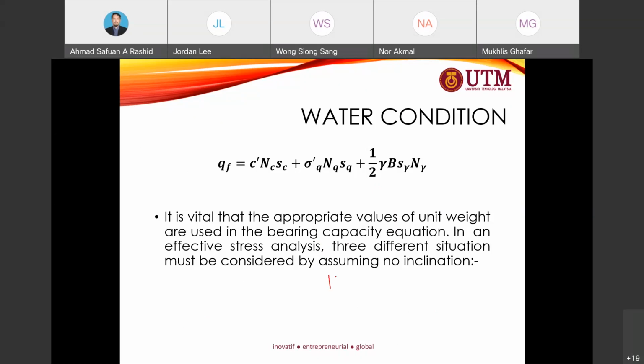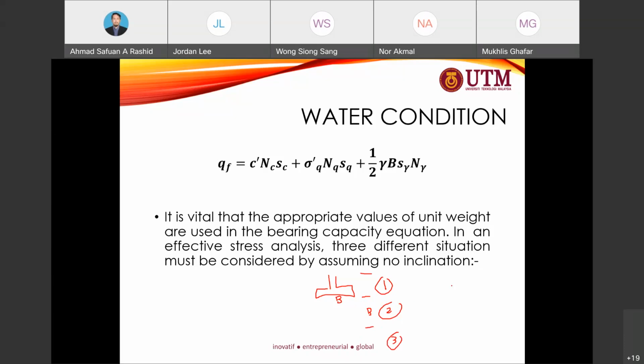For example, this is condition number one, where the water is located here. Condition number two is where the water is located between the base and the depth of the width of the foundation, and condition number three is where the water is far, or greater than the depth B of the foundation.